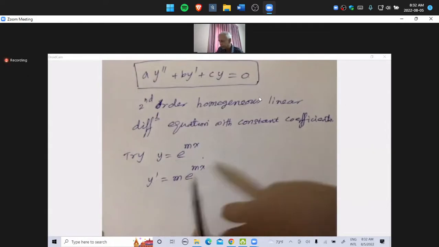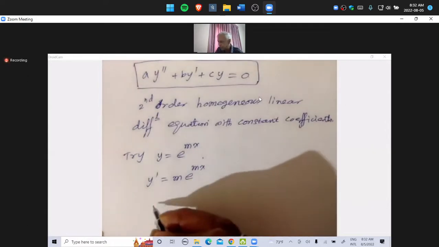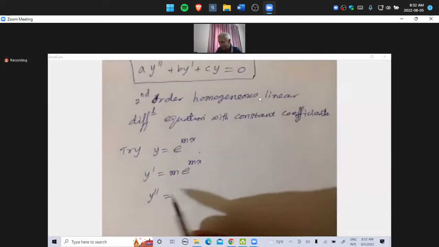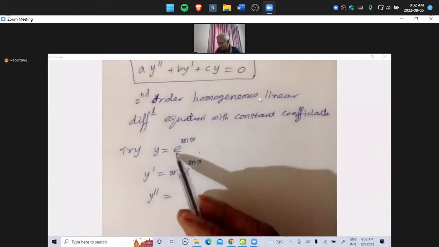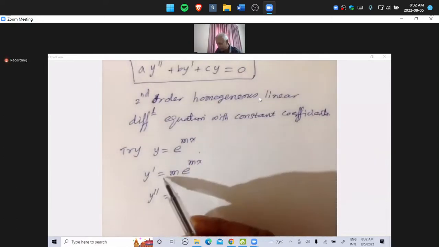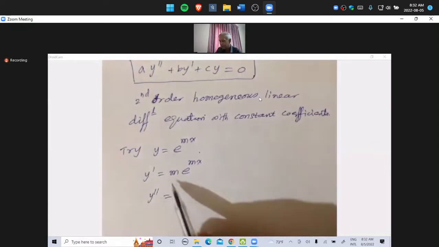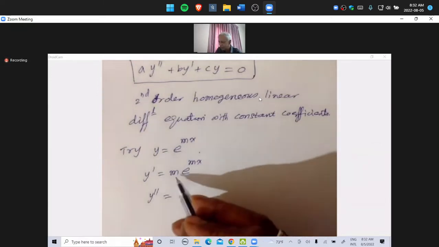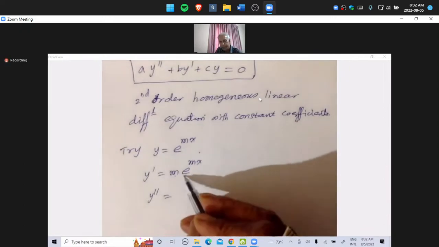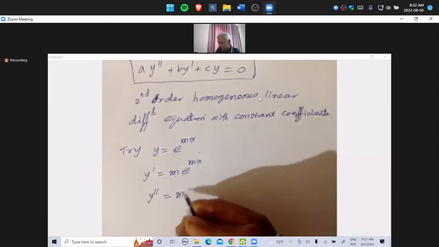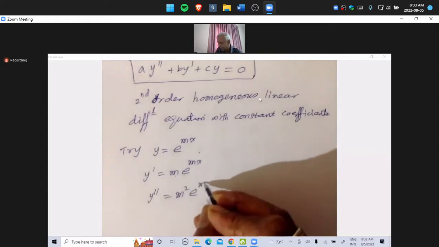So y dash is m e to the mx. What is y double dash? Derivative of m e to the mx is again m times m e to the mx, that is m squared e to the mx.